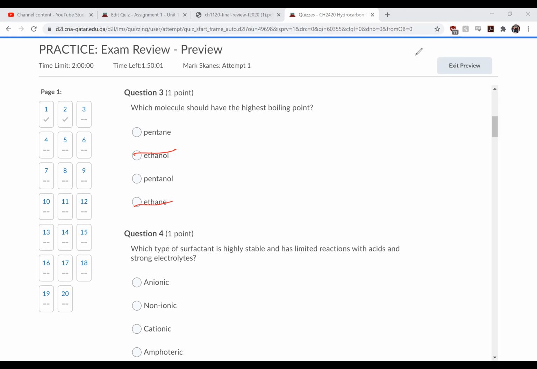What we learned on Monday, and Niam just said the answer perfectly: pentanol would be the answer. Why? Because it's an alcohol, or more specifically, it has hydrogen bonding. You don't need to know what hydrogen bonding is, but you did study that in Chemistry 1120 many, many years ago, or months ago. Don't worry. I'm not going to ask you about hydrogen bonding or London dispersion or anything like that.